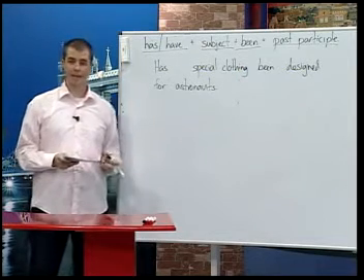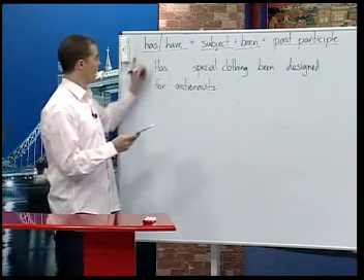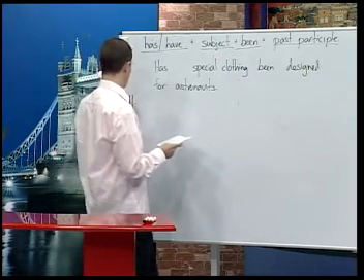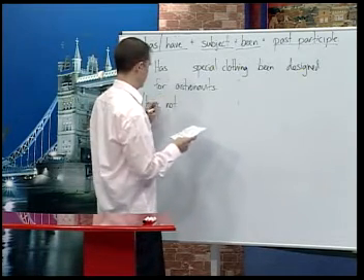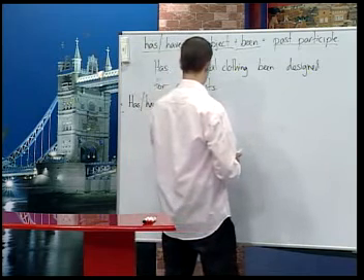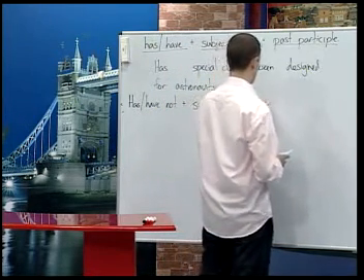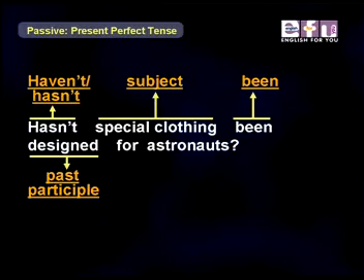And to form a negative yes/no question, we just use has or have not. So, has or have not, plus subject, plus been, plus past participle.